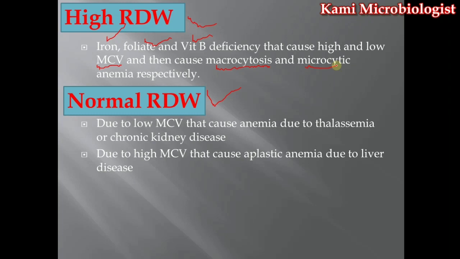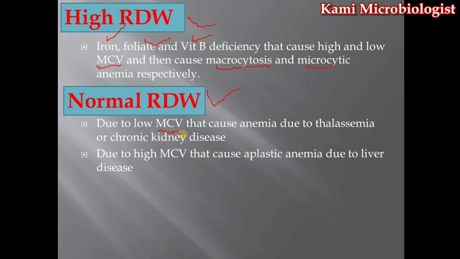Then we have the normal range of the RDW. Although the RDW is normal, there are still some diseases. Now what types of diseases do we have in which the RDW value is normal? The RDW value is also normal in the case of low MCV. In this case the RDW is normal.